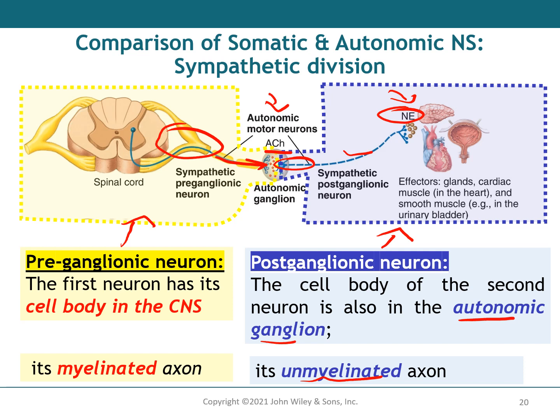And here the effectors. So here they could be different types of organs like glands, the cardiac muscle of the heart, smooth muscles, etc. Now I'm going to show you a small change that happens in some sympathetic divisions.